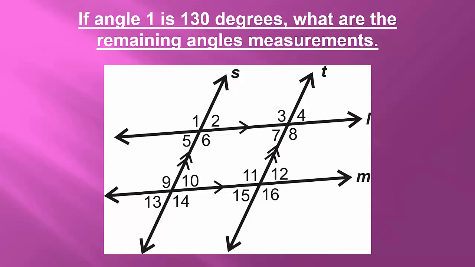Now we also see that angle 6 and angle 8 are corresponding angles, so angle 6 and angle 8 would also be 130 degrees because corresponding angles are congruent. So hopefully you're starting to realize that having these definitions memorized and understanding the difference between congruency and supplementary is going to play a big role in your being able to solve for angle measures.